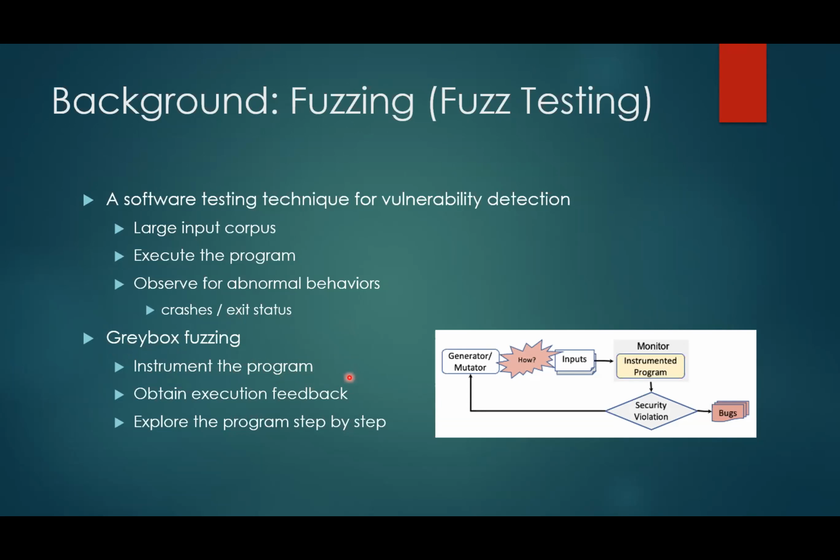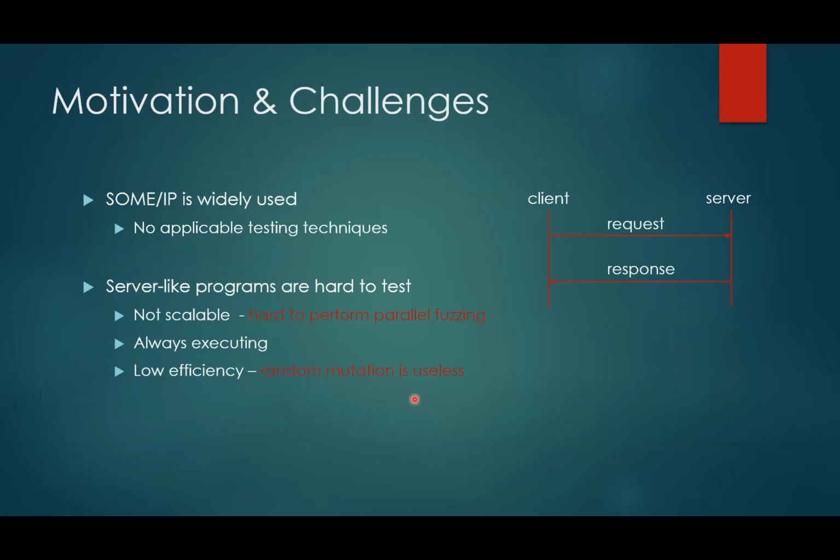We can use the collected execution information to guide the mutation and to keep the interesting inputs as new seeds to further generate test inputs. In this way, the gray box fuzzer can explore the program step by step. So this is gray box fuzzing, and as we have shown in the background, we can use it to find vulnerabilities.